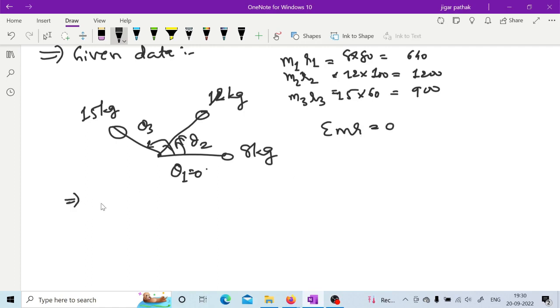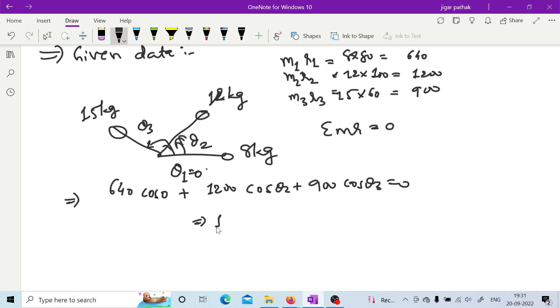Then here you will have that 640 cos 0 plus 1200 cos theta 2 plus 900 cos theta 3 must be equal to 0 when you take sigma fh equal to 0. So it will give you 1200 cos theta 2 is equal to minus of 640 plus 900 cos theta 3.